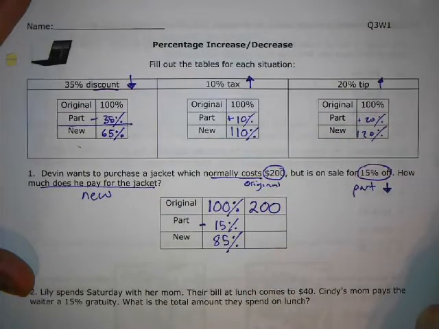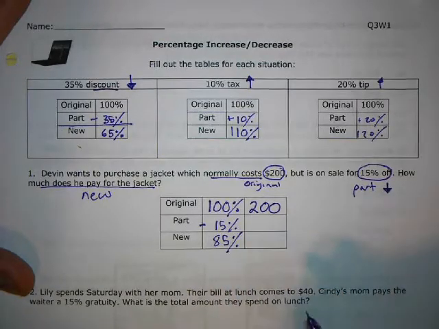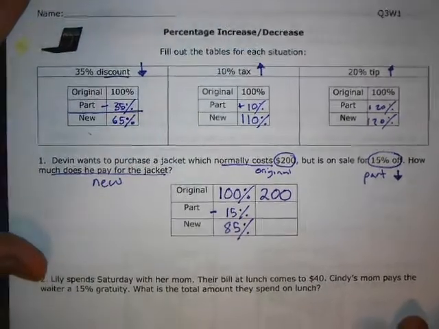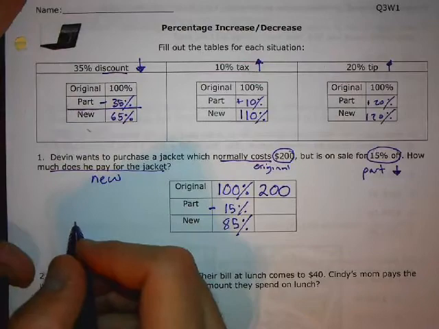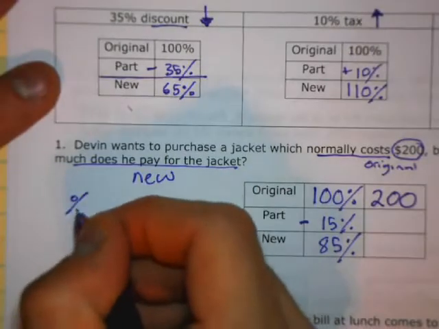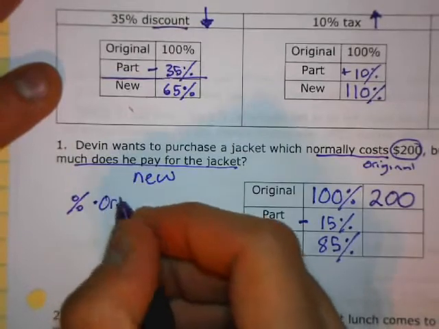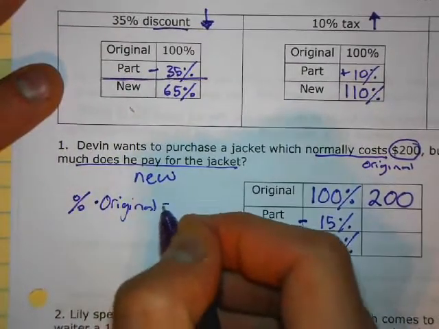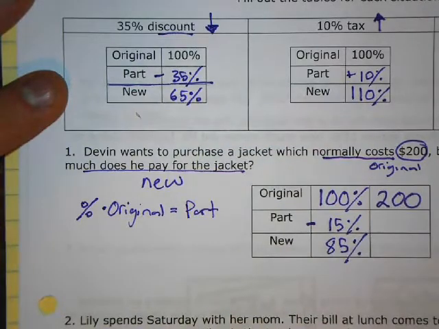Okay, so now we need to figure out how much he pays for the jacket. Our goal is to get to this square, but there are two different ways we can do it. I want to show you both of them. For each of these, we need to remind ourselves that in percentage problems, the percent times the original or whole is going to be equal to the part or the new.